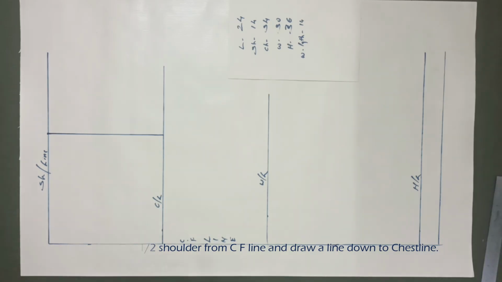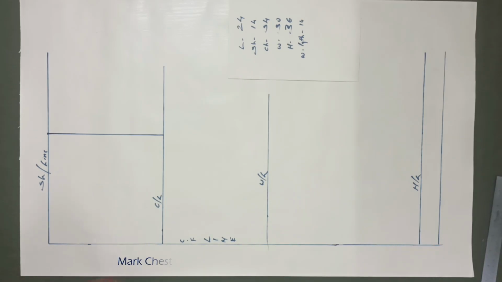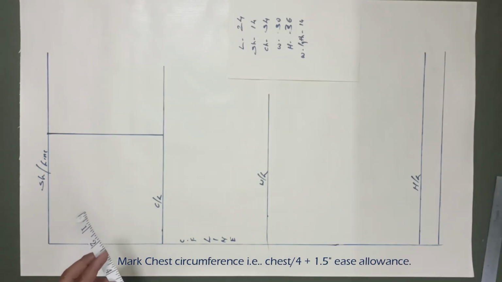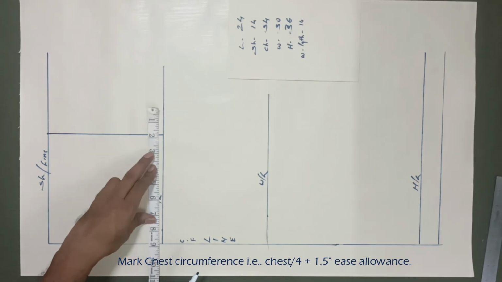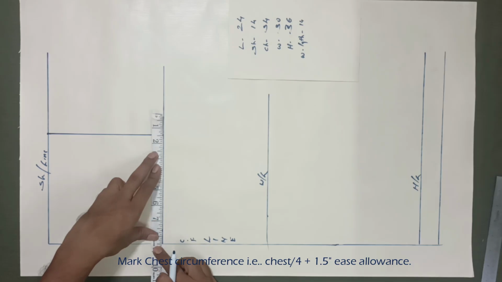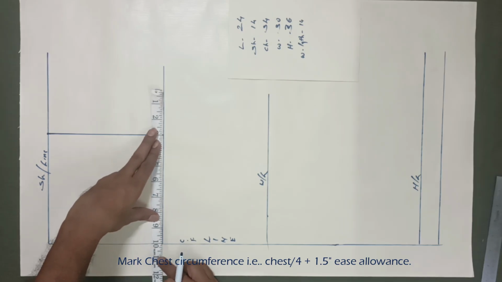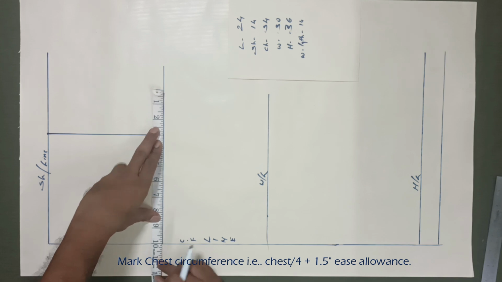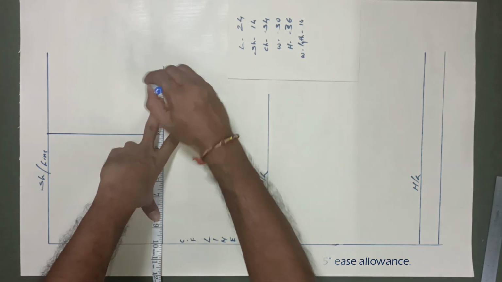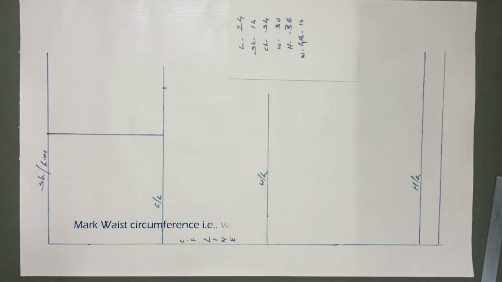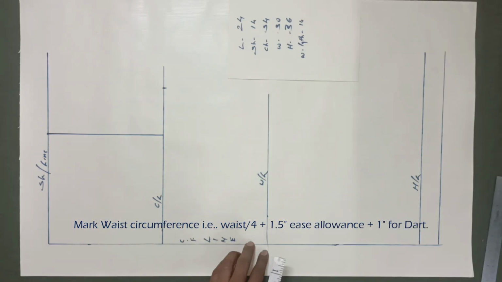Once that is done, now mark the chest circumference. Chest is 34 inches. To mark the chest circumference, chest divided by 4 plus ease allowance. Chest divided by 4 is 8.5 inches plus 1.5 inches, that is a total of 10 inches, marking for the chest measurement. The same formula applies to the waist as well.